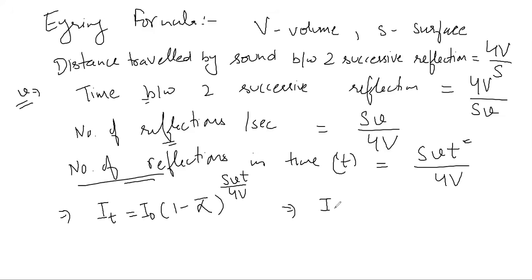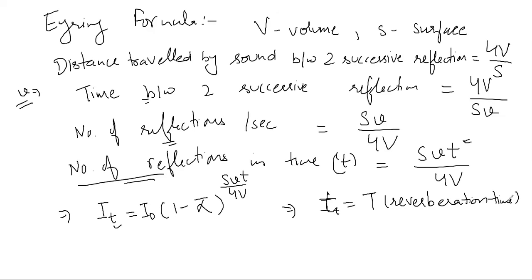Let's rewrite it a bit here. Okay, let's first define another term. Let's define the time. Now this time was randomly any time. Now if I specify this time to be equal to the reverberation time, where capital T is your reverberation time.